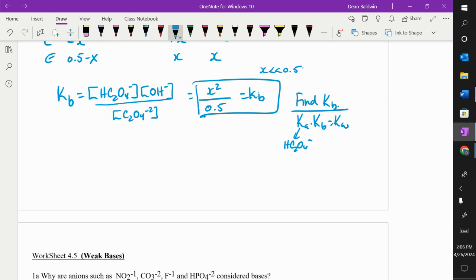So Kb is just going to be 1.0 times 10 to the minus 14 divided by that Ka, which is 6.4 times 10 to the minus 5. Which gives us a Kb of 1.56 times 10 to the minus 10.